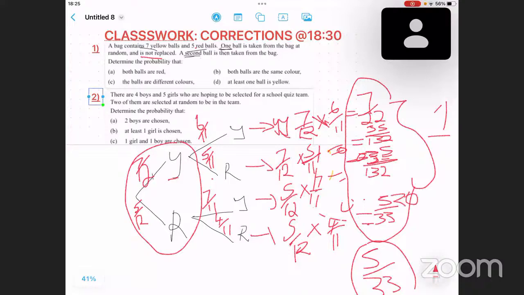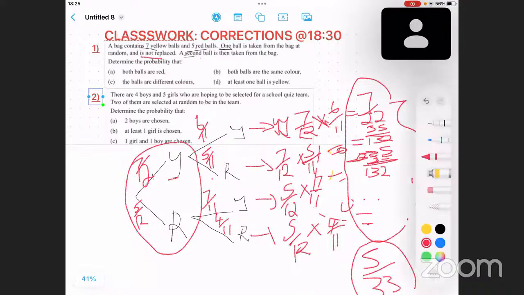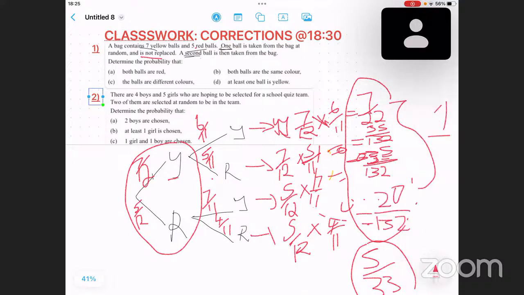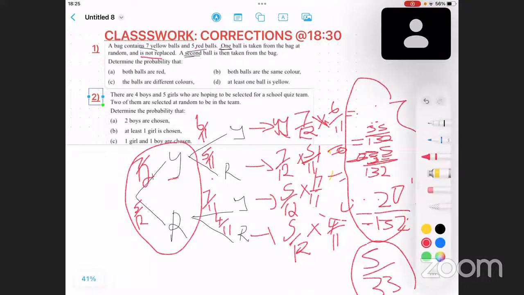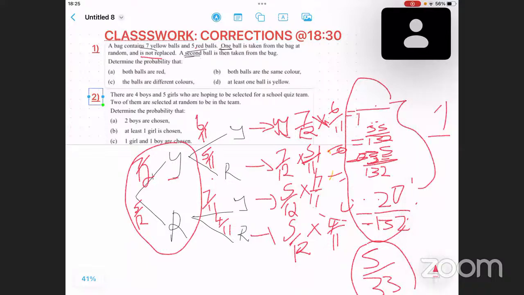So here it's going to be 20. Okay, I'm going to write this. So it's 20 divided by 132. And then here, what is 7 multiplied by 6? 42, ma'am.